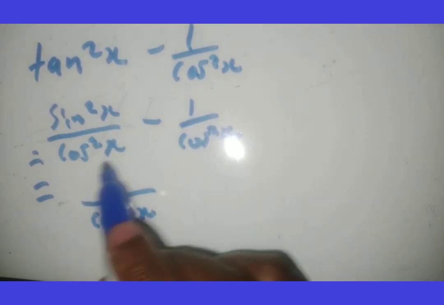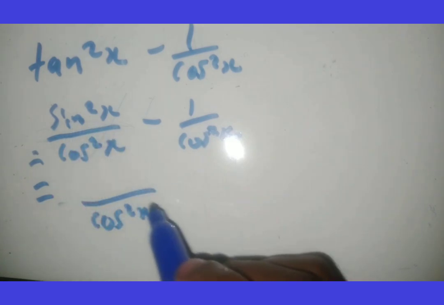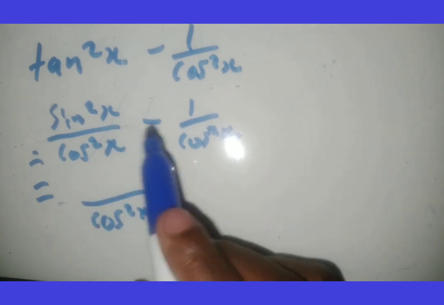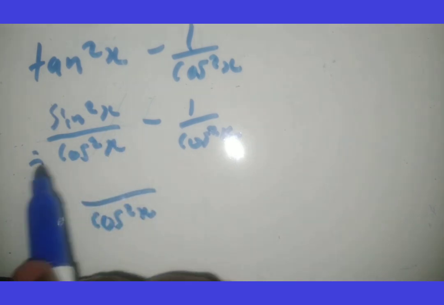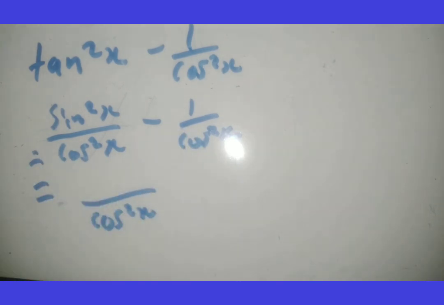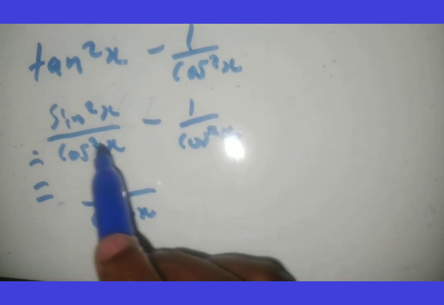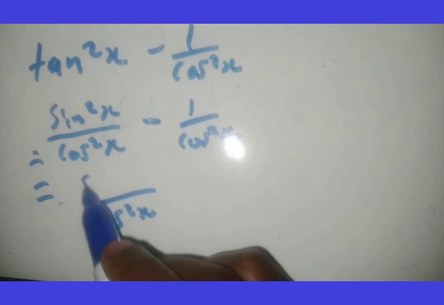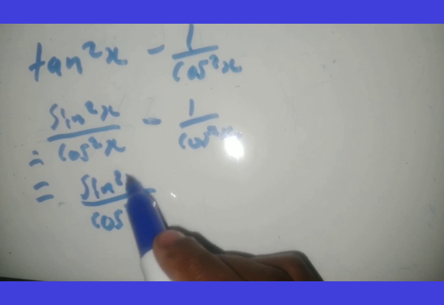We cross multiply. So what is sine squared times cos squared? So sine, okay, no, we don't cross multiply. I made a mistake there, right? So remember, same denominators, we just deal with the numerators. We just add the numerators, or we subtract the numerators because it's subtraction this time.